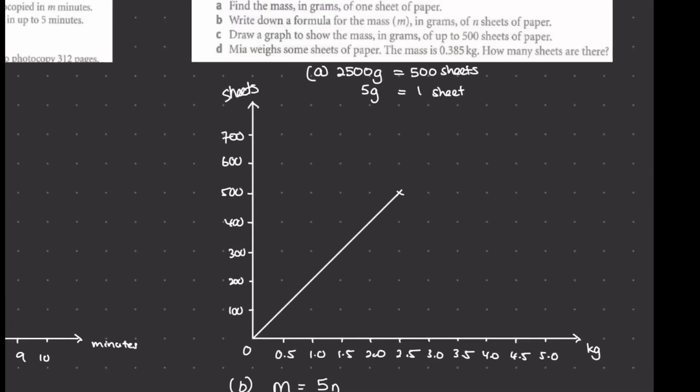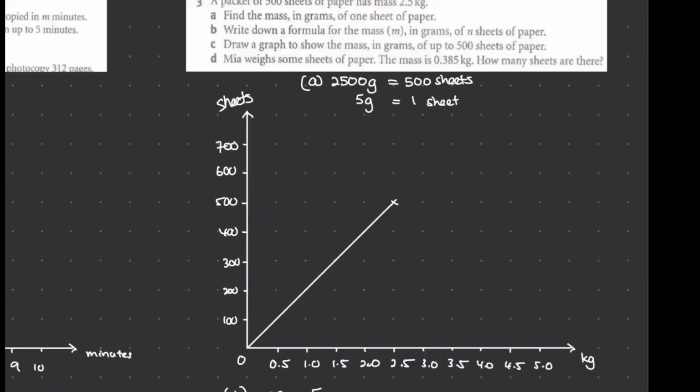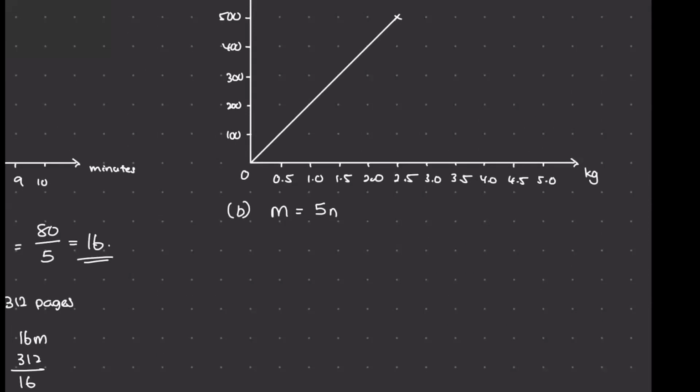Mia weighs some sheets of paper. The mass is 0.385. How many sheets are there? So we can straight away use the formula here. The mass is 0.385 kilograms. We need to change it to grams. So 0.385 times 1,000 is equal to 385 grams.